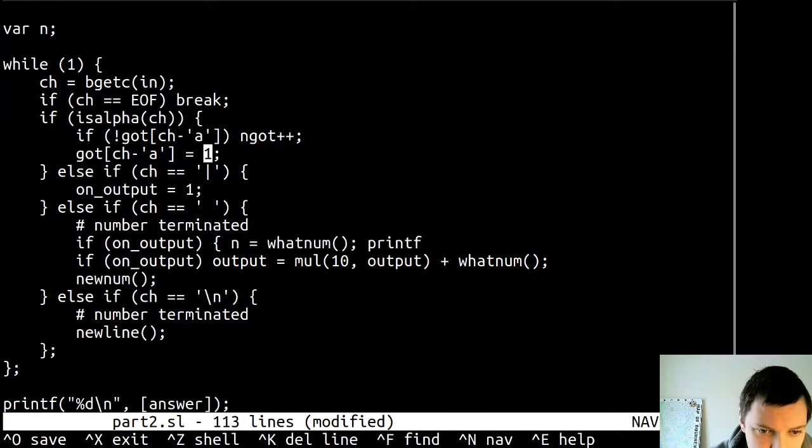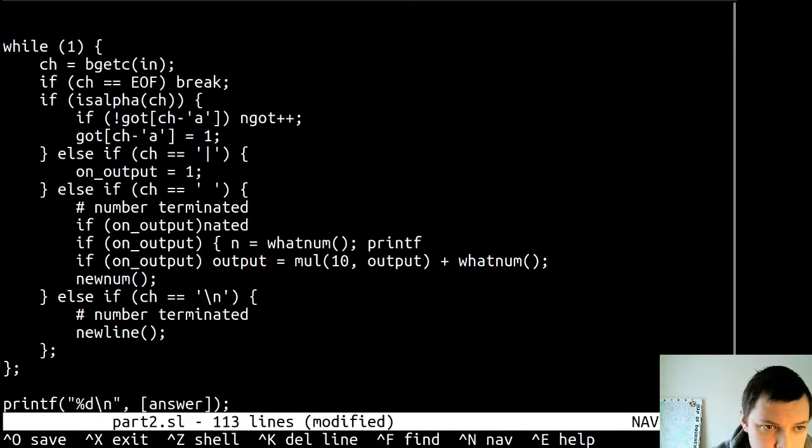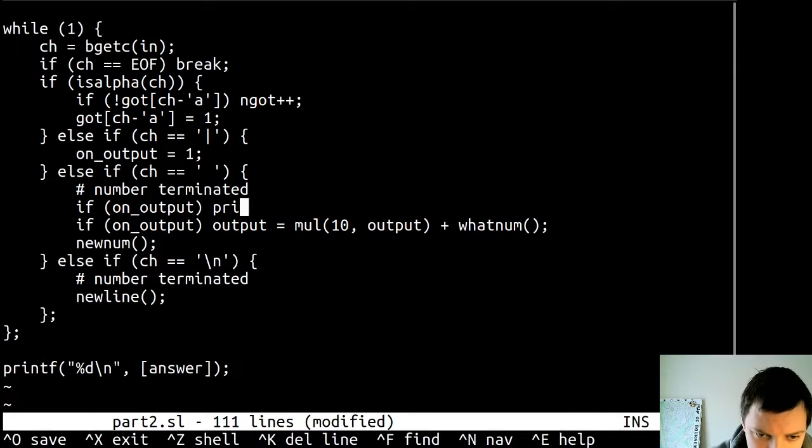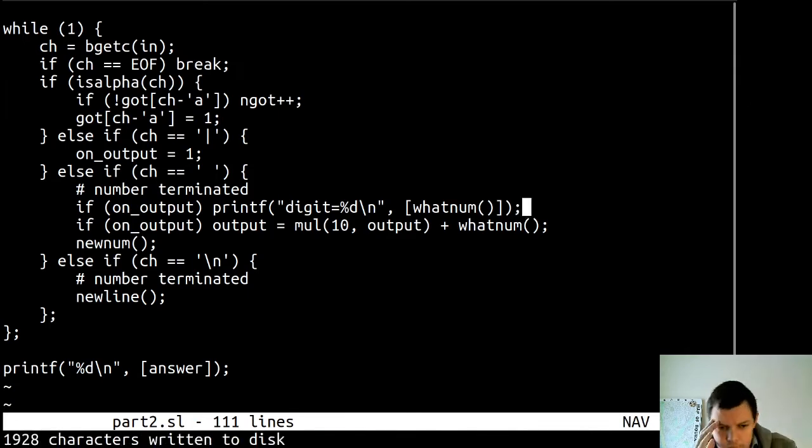Well, I don't need that actually. I'm wondering if something to do with the multiply is wrong, but that looks obviously correct.